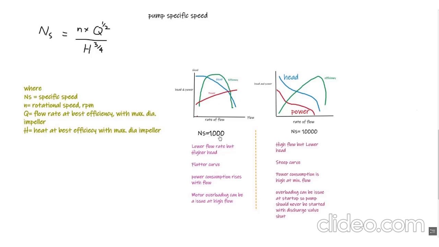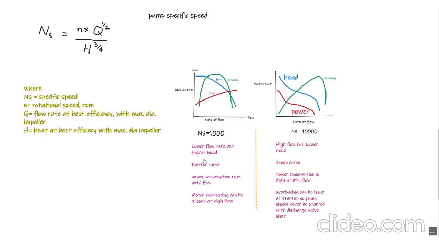And we can see here what the differences are between the low specific speed pump and the high specific speed pump. So the low specific speed pumps can deal with lower flow rate but higher head, whereas high specific speed pumps are capable of dealing with high flow rate but lower head.